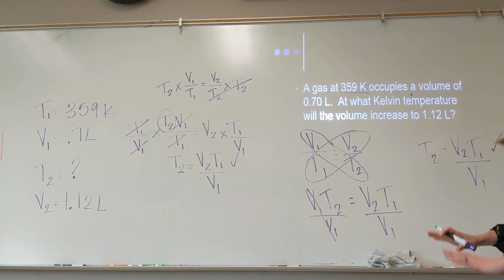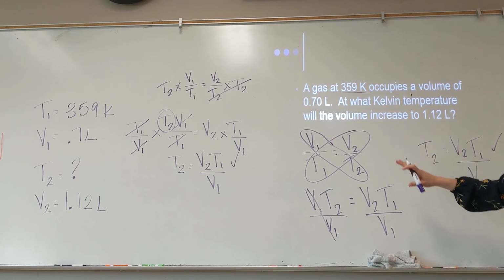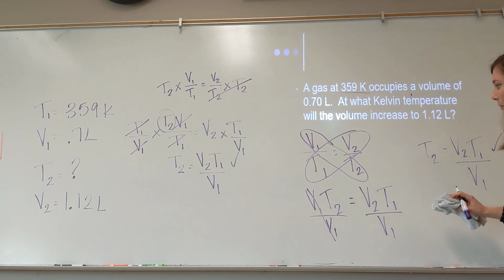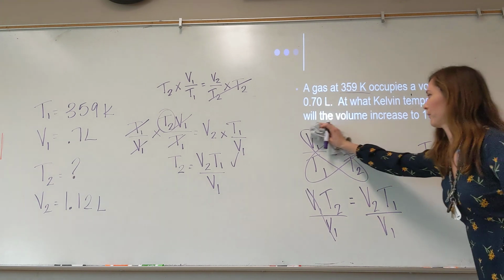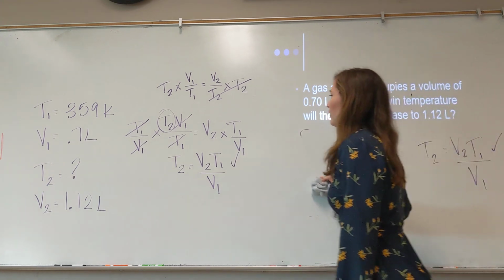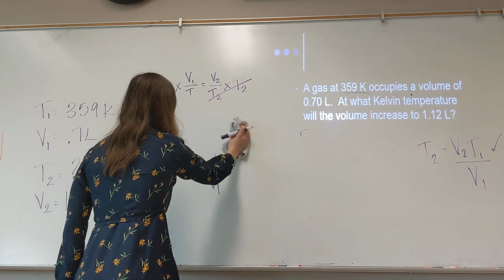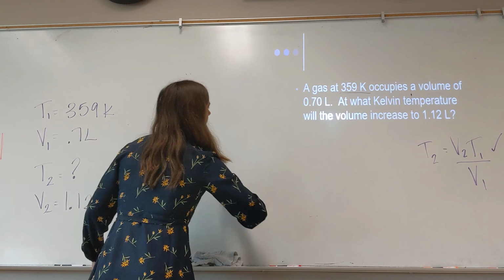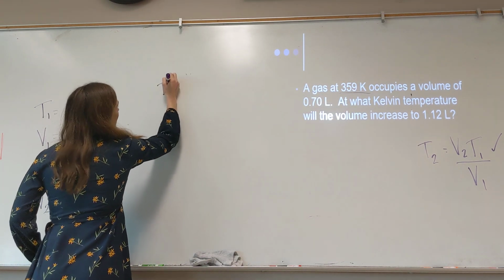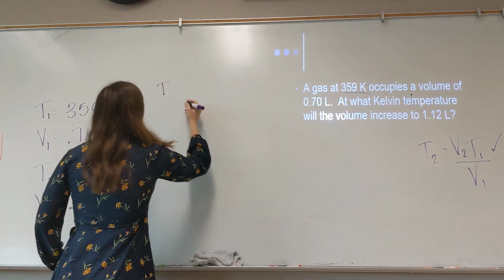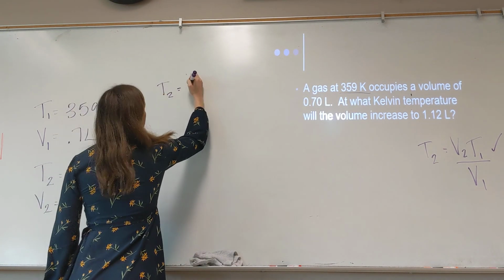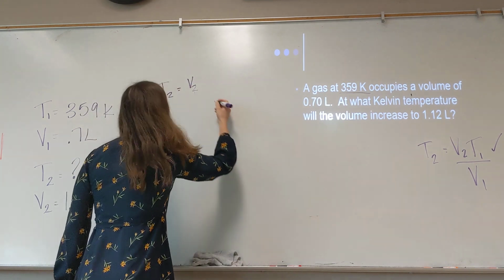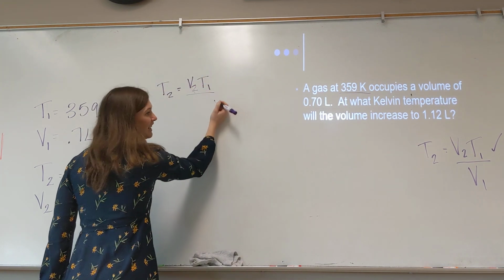So I'm going to, just for simplicity purposes, erase all of my work so that you can see what I'm doing a little bit better. So remember, I rearranged my equation. So now I have T2 is equal to V2 times T1 over V1. Make sure you rewrite your equation correctly.